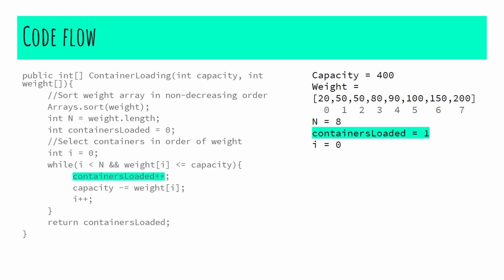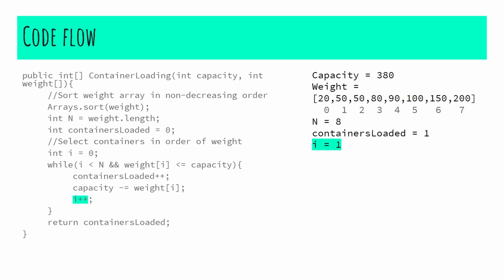So we further proceed to increment the containers loaded value to 1, and then we reduce the weight that we have picked up from the total capacity, because we have loaded a container which has a weight of 20. So now our total capacity would have been reduced to 380.